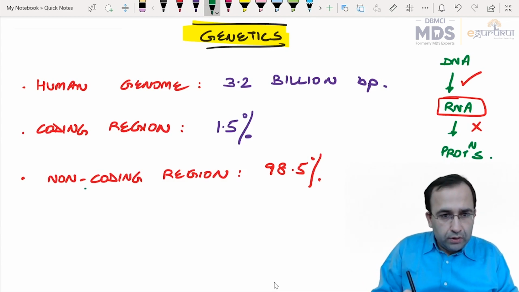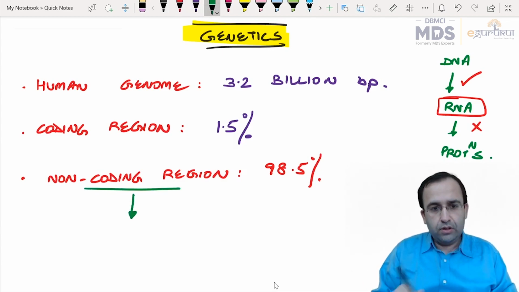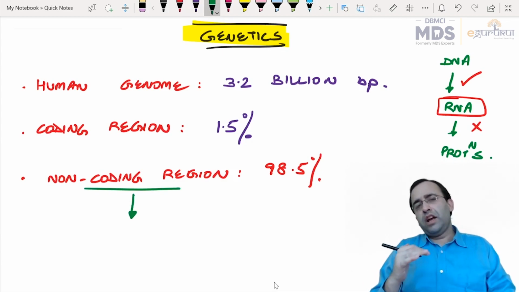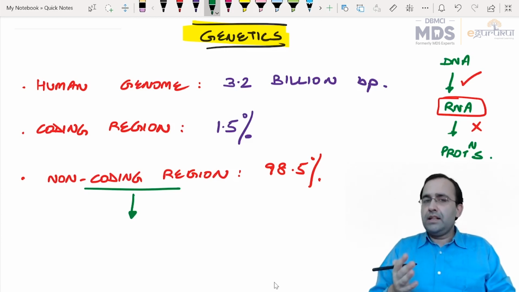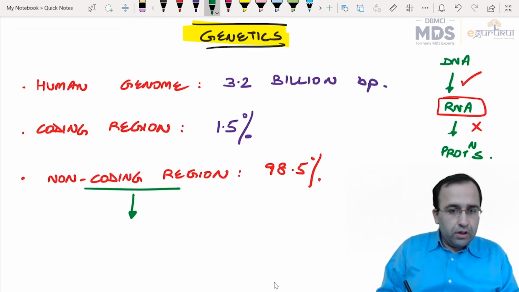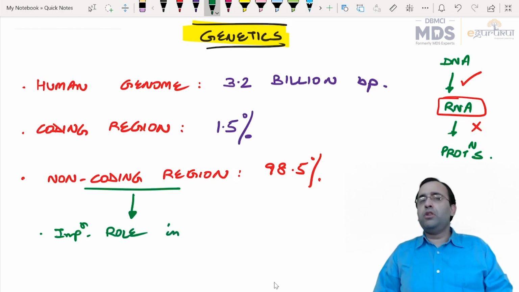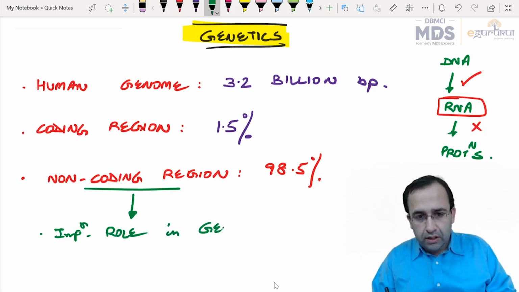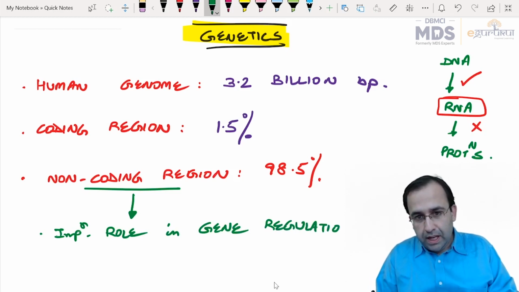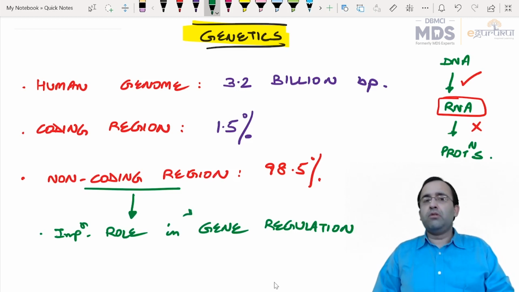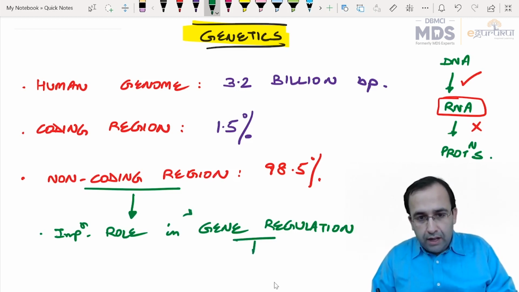Next point. Can I say that this non-coding region does not have much role in the body? Of course not. The non-coding region plays an important role in gene regulation. Please put a star on this.